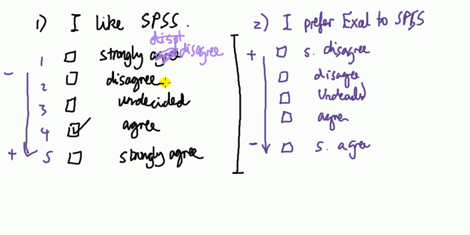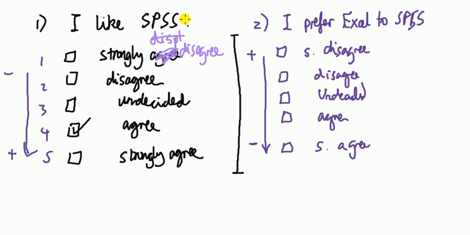But when we're entering this into SPSS, we have to do something called reverse coding, because if we're going to do the analysis, we've got to have all these questions consistent with each other. Otherwise, we can't compare these agrees and disagrees.